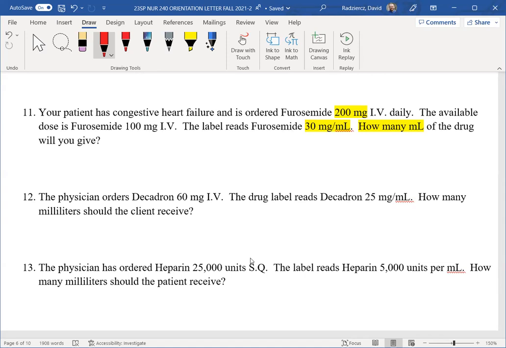So this is almost like a reconstitution type of question. And then it says, how many milliliters of the drug will you give? So I don't actually need to worry about this. I just need to know what was ordered and what I have available. So you would just do 200 over 30 and you would get your milliliters, which is 6.7 milliliters rounded.